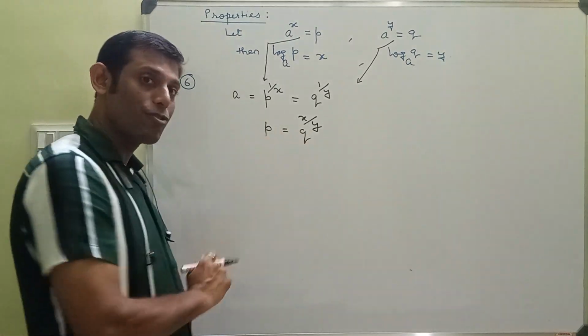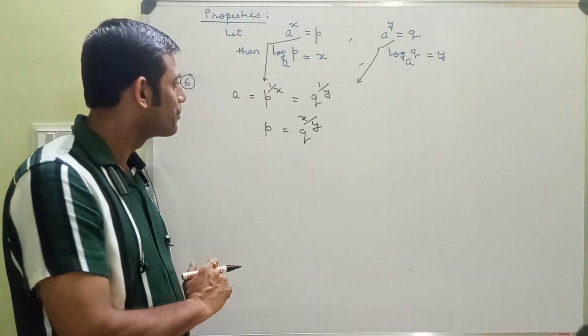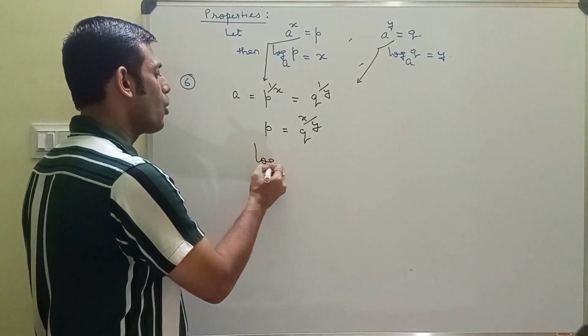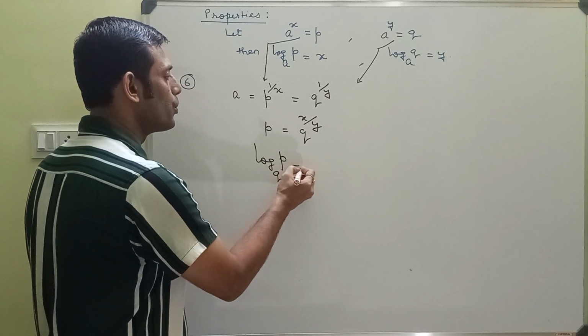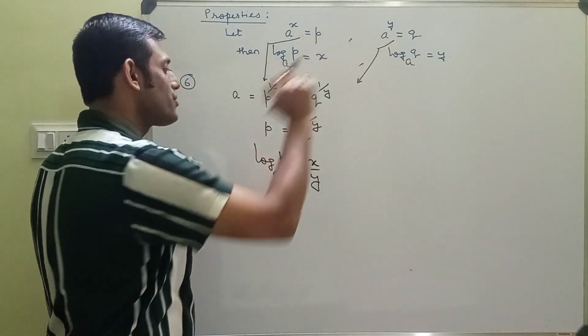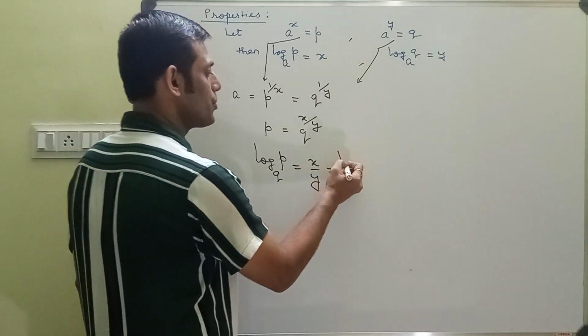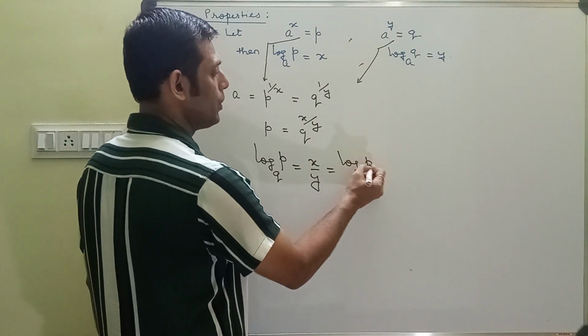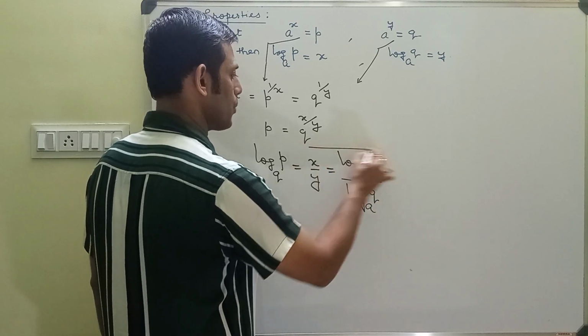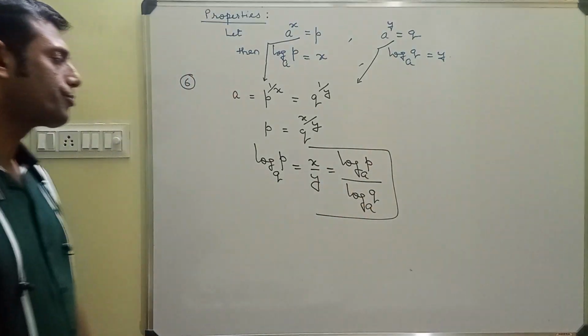This is an exponential equation. Let's convert this to logarithmic form. Log p base q is equal to x by y. The same x and the same y. That means log p base q is equal to log p base a by log q base a. What exactly is this?